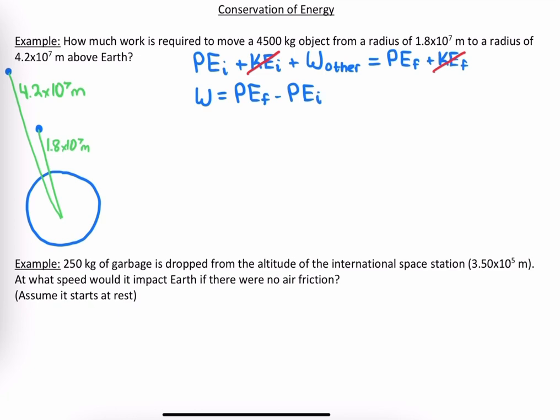And now I'm going to plug in some formulas. So potential energy, because we're looking at situations where we are pretty far away from the surface of the Earth, and we're moving through a large enough distance that we expect little g is going to change, we can't use our old formula for potential energy. We can't use mgh. We're going to use the new one.